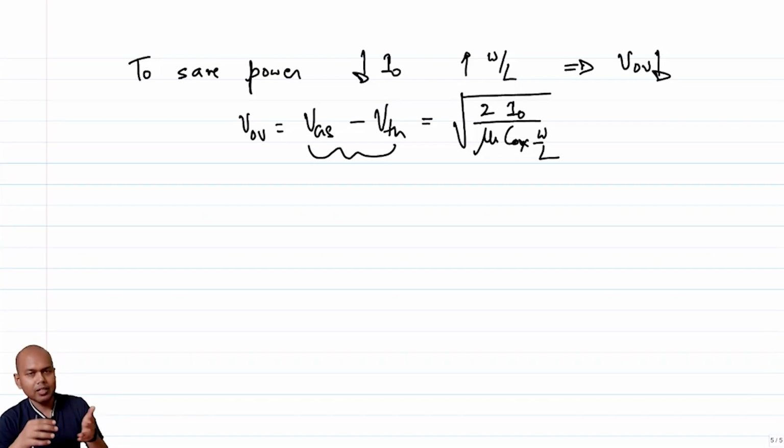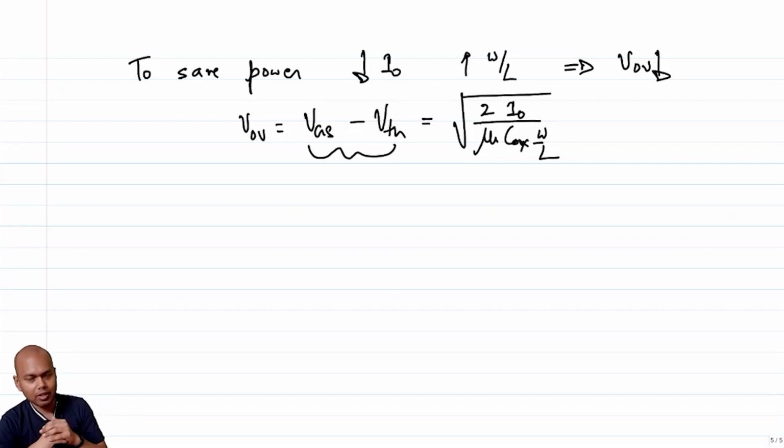So you cannot play this game very much, so you have to give a certain amount of overdrive voltage always. And how much overdrive you can keep will be determined by how much distortion of current we can tolerate. So you have to balance this, right?